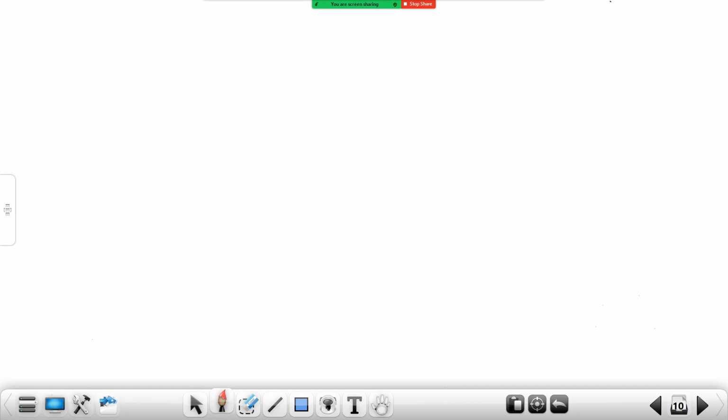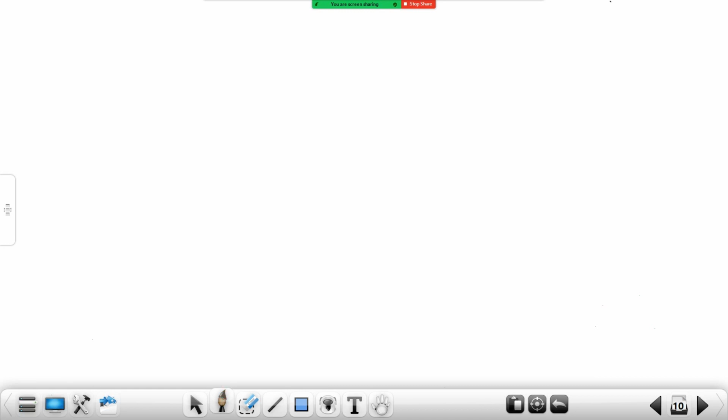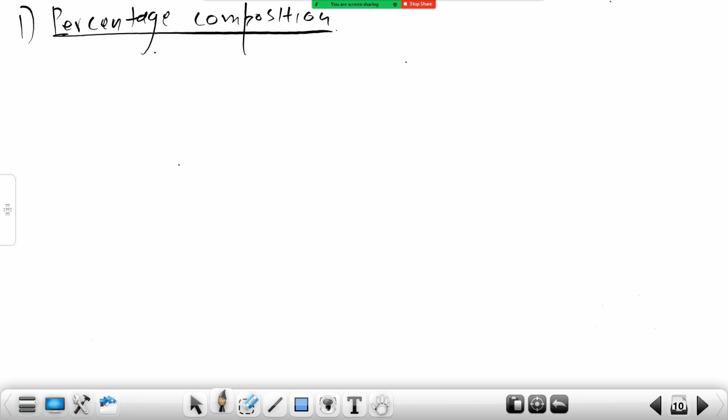The very first one that I want us to start with is percentage composition. But what is it that percentage composition is telling us?